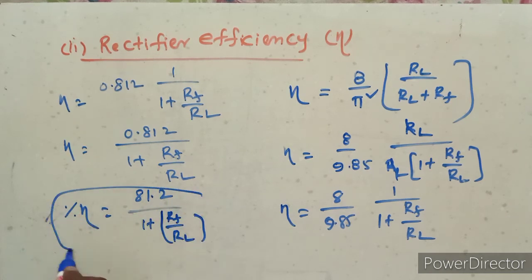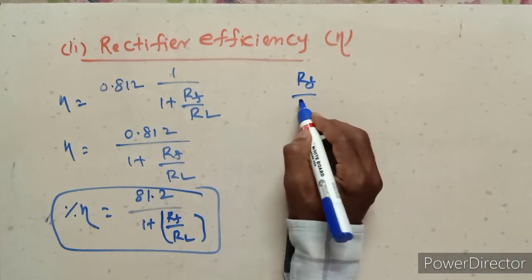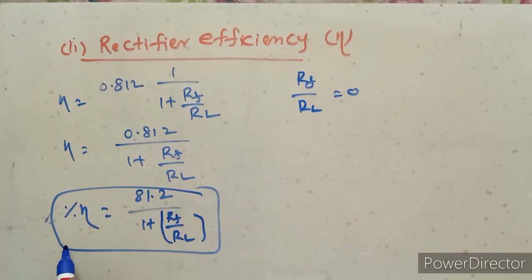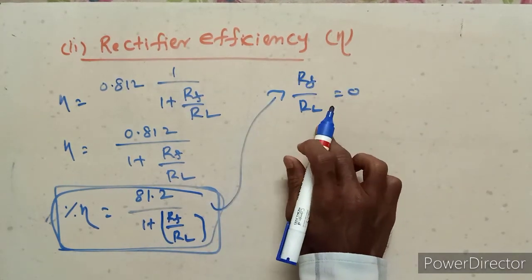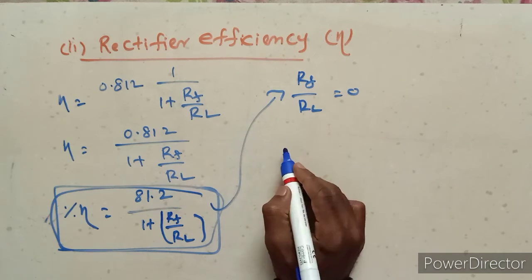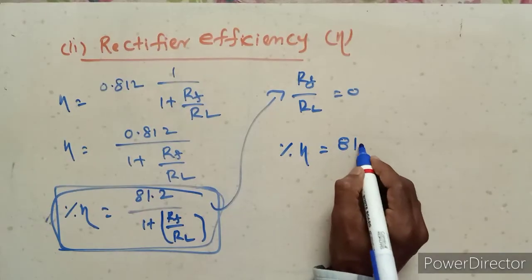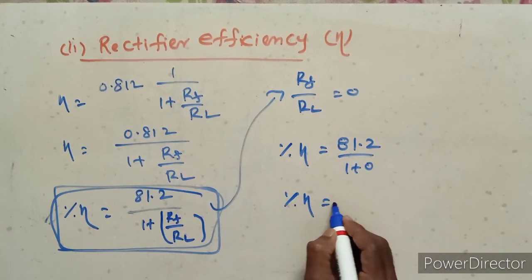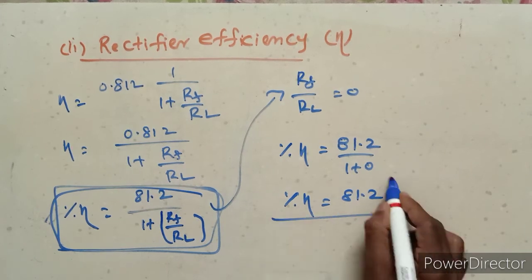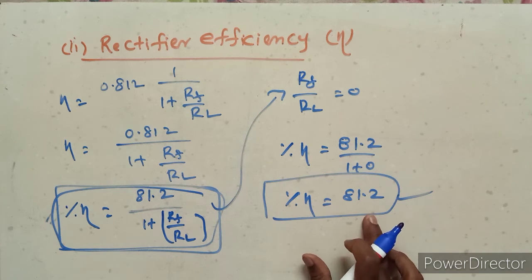This is the maximum value when RF upon RL equals 0. So when RF upon RL is 0, the percentage of eta equals 81.2 upon (1 plus 0), which is 81.2. This is the rectifier efficiency.